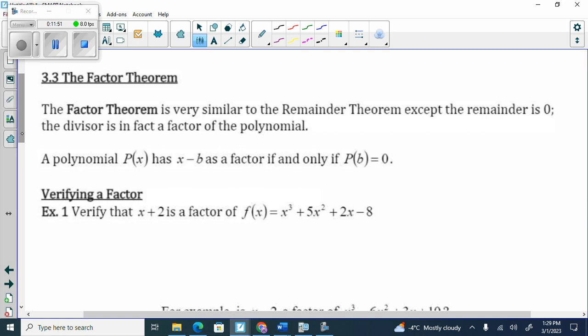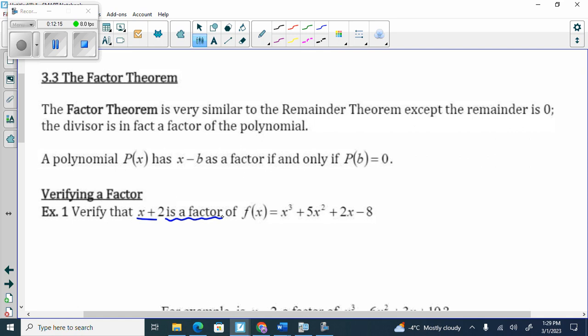Remember, we did it in grade 11. We got factors and we worked it down to x-intercept. Now all I'm saying is if you have an x-intercept, if you work it backwards, you have a factor. So all you need to know is if they ask if something is a factor, verify that x plus 2 is a factor. You just use remainder theorem and see if you get a what? What number would let you know it's a factor?